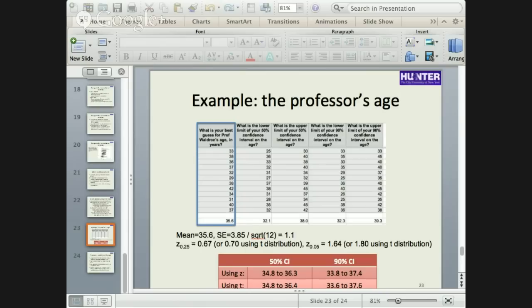For example, with the height: if I take the height of everyone in this room and I want to know the average height of Hunter College students, I can get a fairly accurate estimate of that average height. It's not going to vary very much from class to class, but individuals will have a lot more variability.